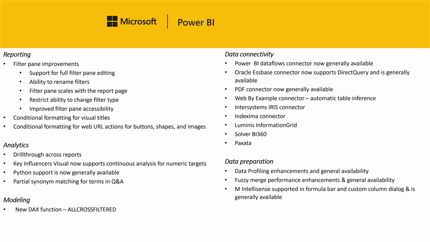We also have an update to our Web by Example connector this month. This connector is one of our most innovative and differentiating features in Power BI, especially within the data connectivity space. There's always a lot of excitement whenever this feature gets demoed anywhere, because it allows you to just scrape data from HTML pages, supporting any data element on the page, not just HTML tables themselves.